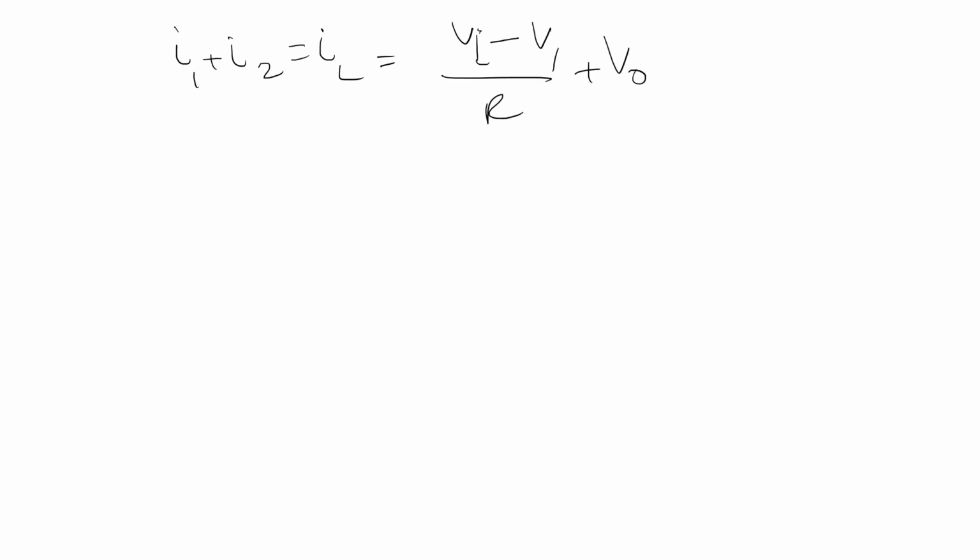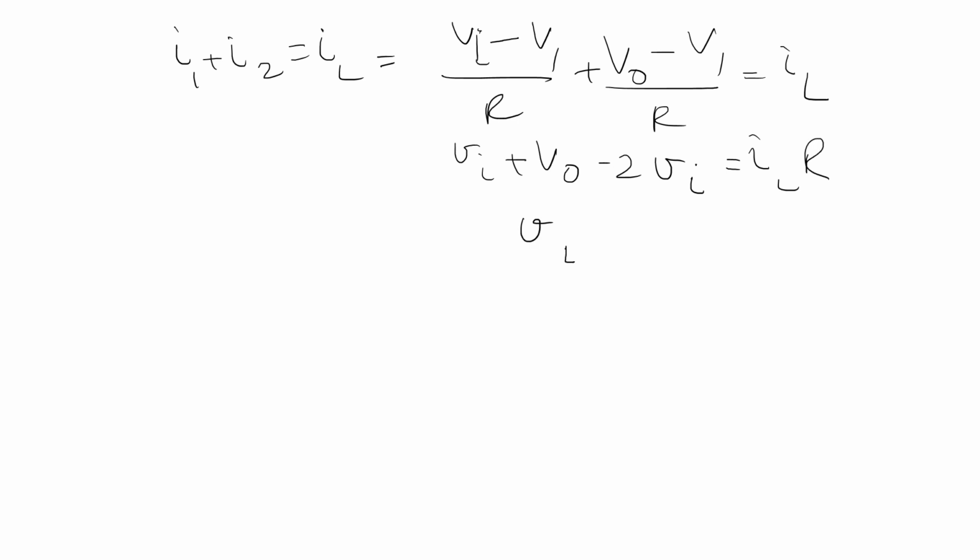So, the total current I1 plus I2 will be equal to the load current IL, which is equal to (VI minus V1) divided by R plus (V naught minus V1) divided by R. On simplifying, VI plus V naught minus 2 times VI is equal to IL into R, and VL is equal to (V1 plus V naught minus IL into R) divided by 2.